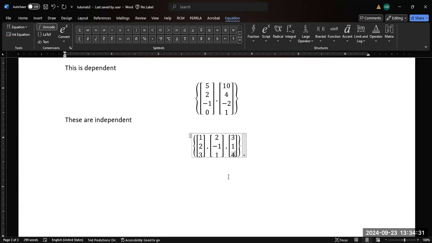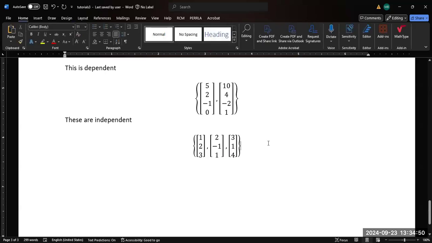And so then you can say they're dependent. But if you don't find that, and you don't find that they're scalar multiples, you cannot claim that they are independent, because you might just have missed the linear combination that you need in order to get to that third vector.